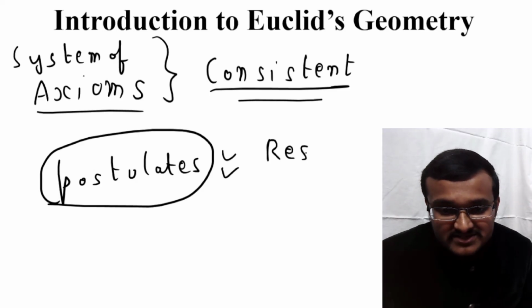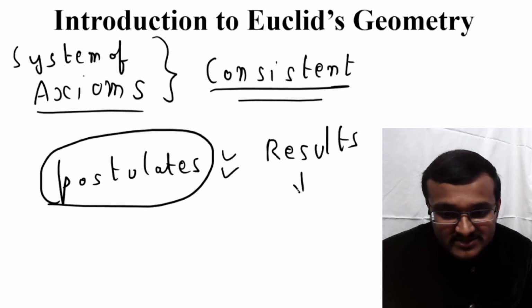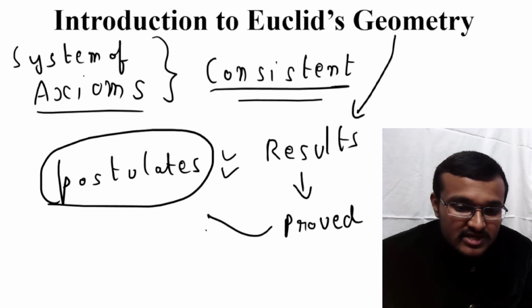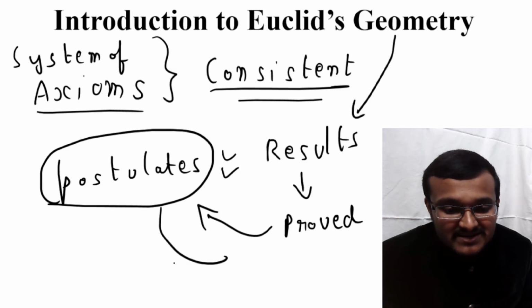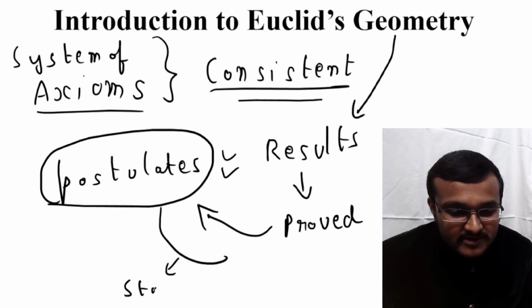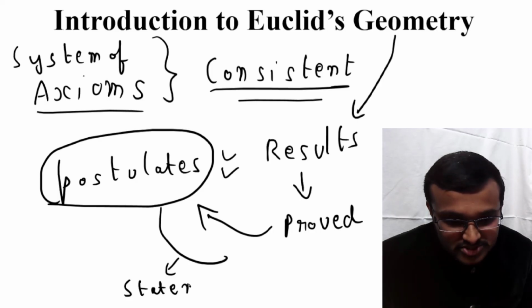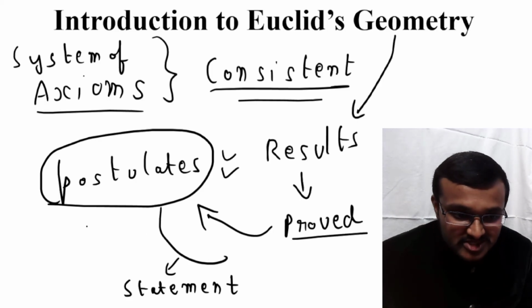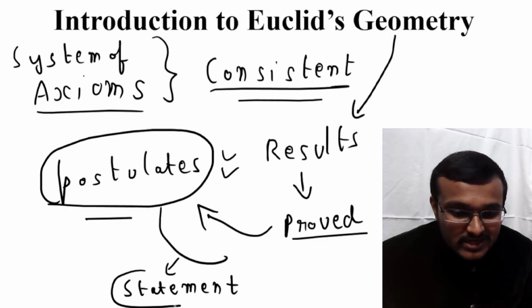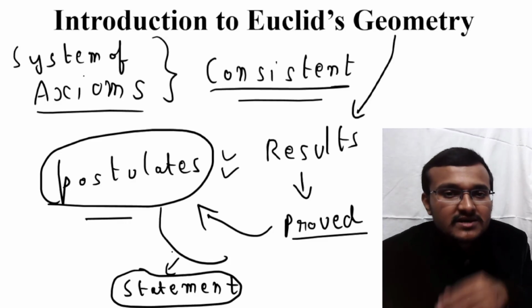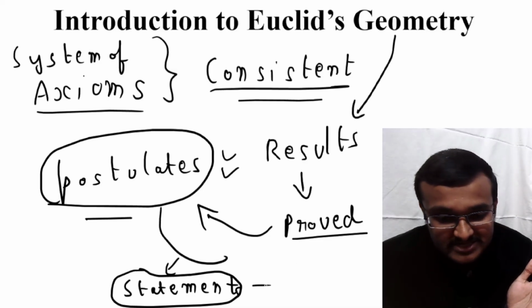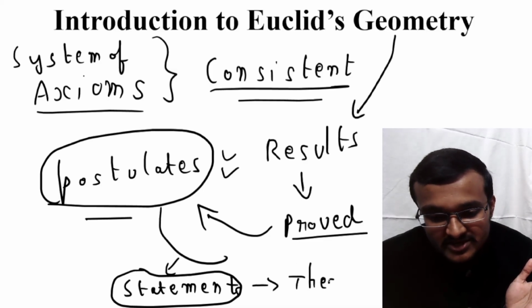Using these postulates, various results in geometry were proved, and one general statement or different statements were developed, and those statements are known as theorems.